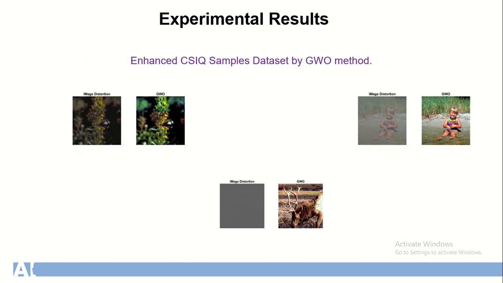This is the enhanced CSIQ sample dataset by the gray wolf optimization method, showing image distortion and image enhancement by the gray wolf optimization algorithm.